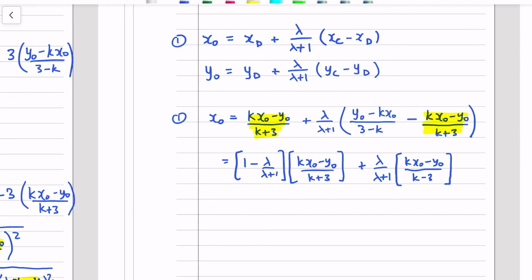Now these things factor, this is some serious factorization, but the first bracket, 1 minus lambda over lambda plus 1, actually simplifies to (lambda plus 1 minus lambda) all over (lambda plus 1), which is 1 over lambda plus 1.